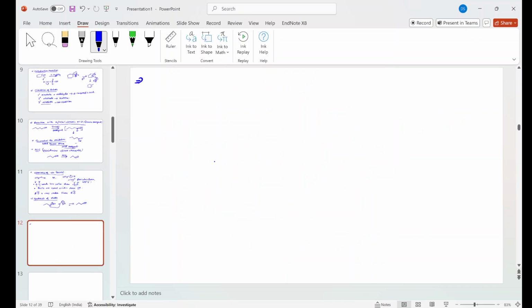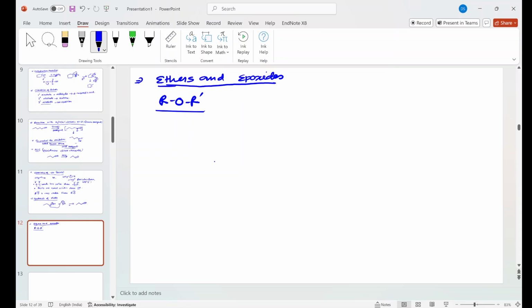Next is ethers and oxides. You generally know about ethers, so they typically have the form R-O-R prime. Both R groups can be the same or they can be different. It can be symmetric as well as asymmetric.